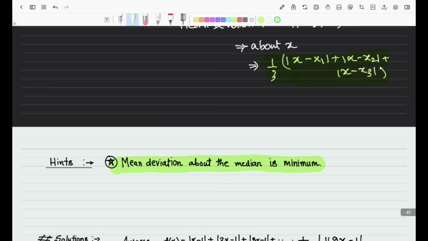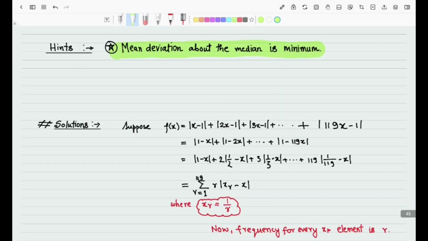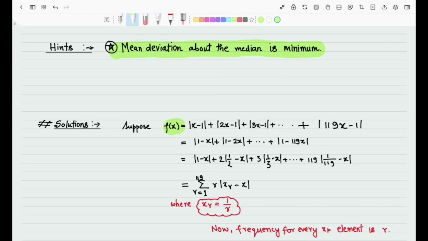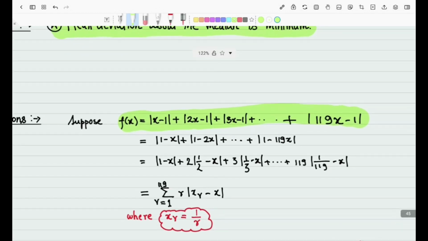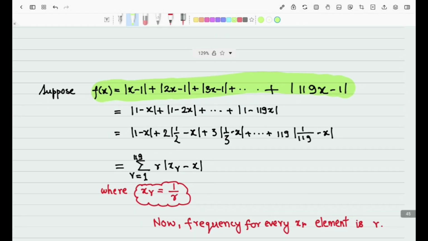Now moving on to the solution part. For the solution, I have assumed f of x as the following function. Let me just magnify it so that you can all see it clearly. After that, I have chosen to represent the following data set as follows.